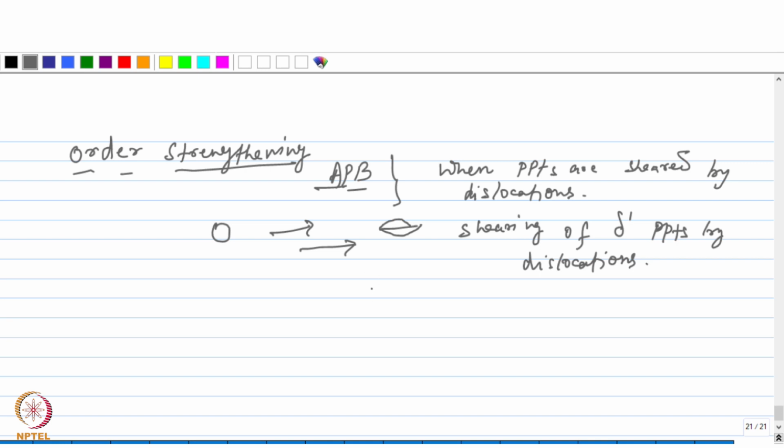And as a result of that, the deformation will be localized.